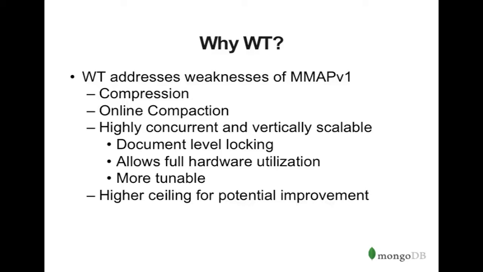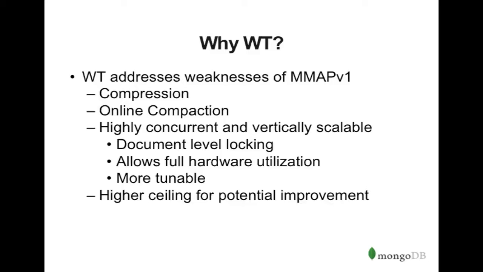The difference here is that WiredTiger is capable of more concurrent locking. So while we have made improvements to the mmap branch, mmap v1 supports collection level locking. For high write throughput use cases, WiredTiger is just simply a better fit. It also means that with this finer grained locking model, we can operate in much more parallel. This allows for full hardware utilization.